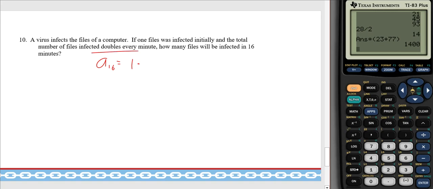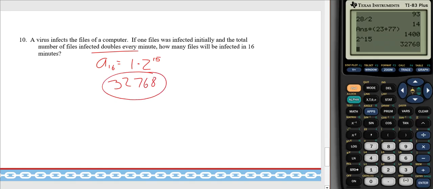Well, doubles means times 2 to the n minus 1 power, right? So 2 to the 15th power times 1, which is just 2 to the 15th, is 32,768 infected files in 16 minutes. Tech department would not be super happy with that.